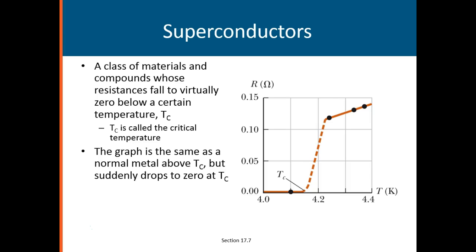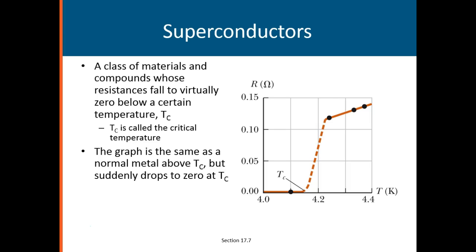The graph is the same as a normal metal above T sub C, a linear ohmic material here. Now, for different materials, that can be very high or very low. But when you get to the critical temperature, between here and here, it's non-ohmic. Actually, it's almost ohmic there, but a different slope here. But below this, it falls almost to zero.